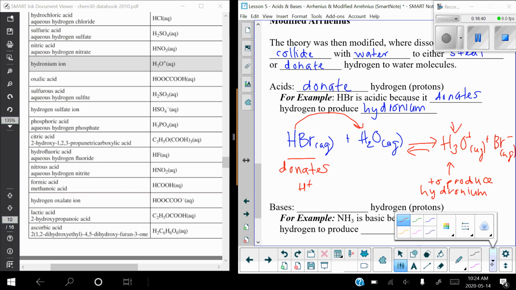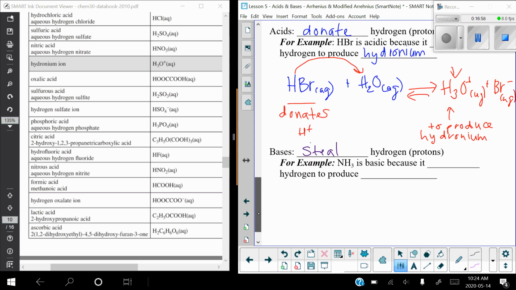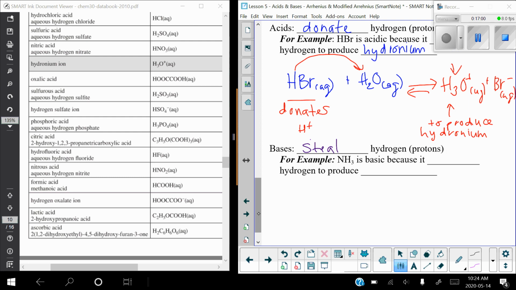Now let's talk about bases. Bases steal. So think about baseball: bases steal hydrogens. For example, ammonia is basic because it steals hydrogen to produce hydroxide.